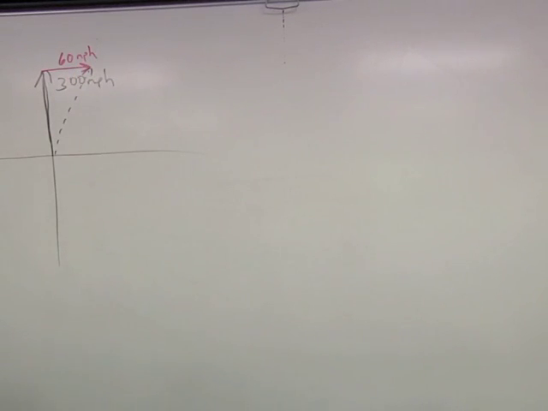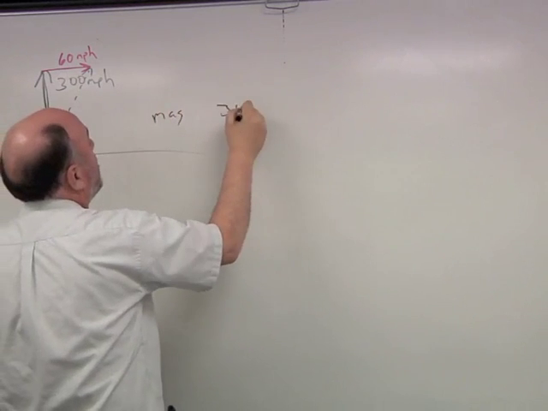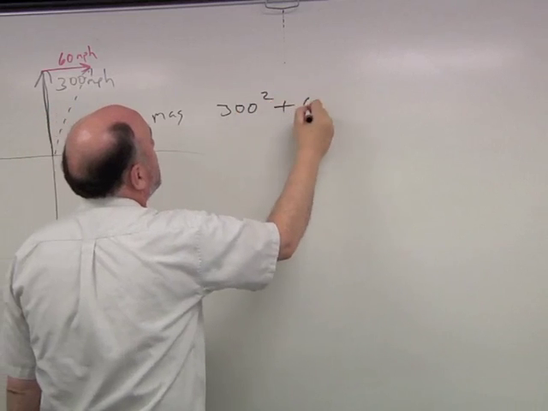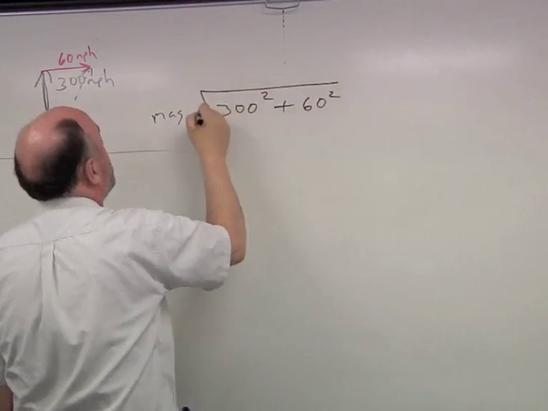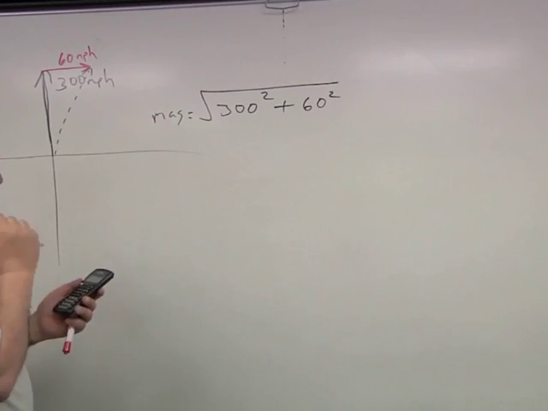Okay. So we can find the magnitude of this. Again, basically this is a right triangle. And so the magnitude will be given by 300 squared plus 60 squared. Okay. So we can get that part.